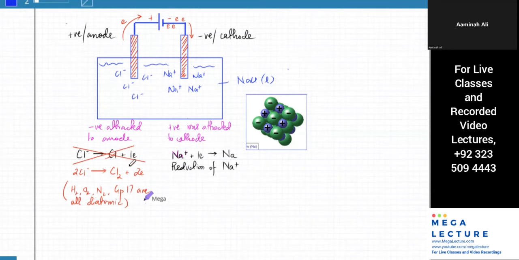And is this oxidation or reduction? It's oxidation. This one is going to be oxidation of Cl minus ions. So you've got reduction, and you've got oxidation.